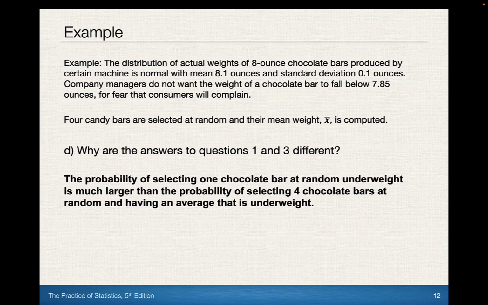This leads us then to an obvious comparison of why are they different. And this is an important interpretation to understand: when we're taking a random sample from the population and we're just finding one chocolate bar, what these answers are saying is that the probability of selecting one chocolate bar at random that's underweight is going to be a lot larger than if you take a sample of 4 and find the mean weight to be underweight.